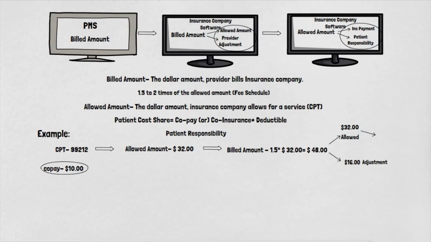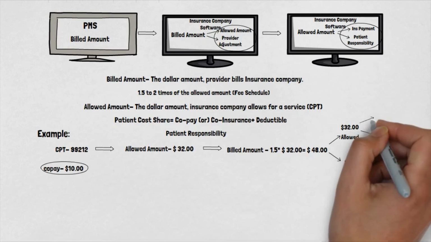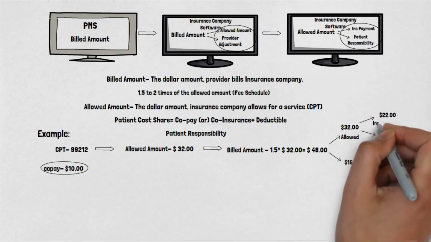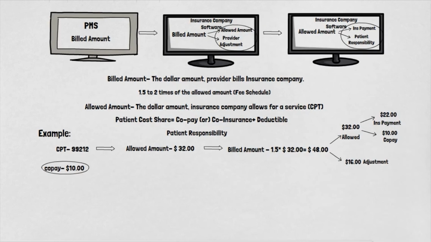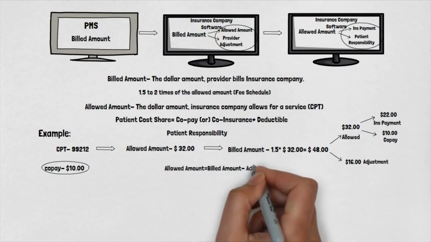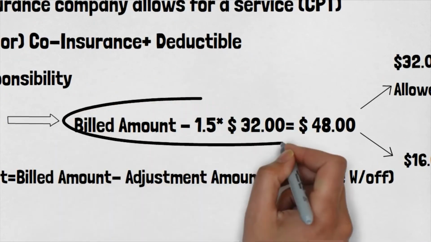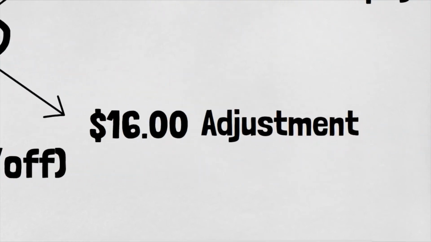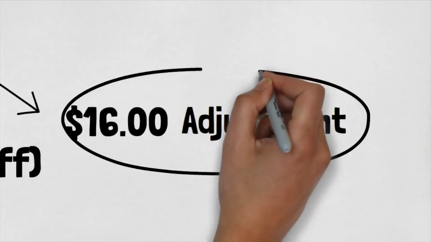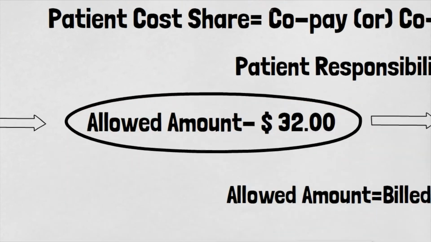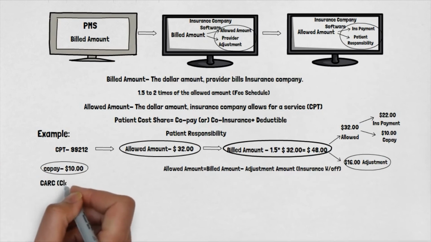The first one is insurance payment and the other one is patient responsibility. In this example, the patient responsibility is $10 towards the copay. So that leaves us with $22, which is what the insurance is going to pay the provider. So allowed amount is billed amount minus adjustment amount.